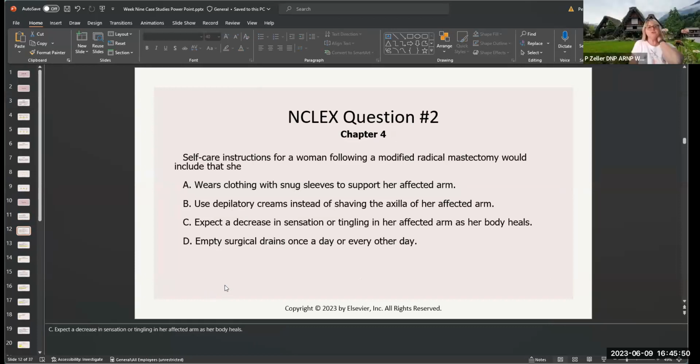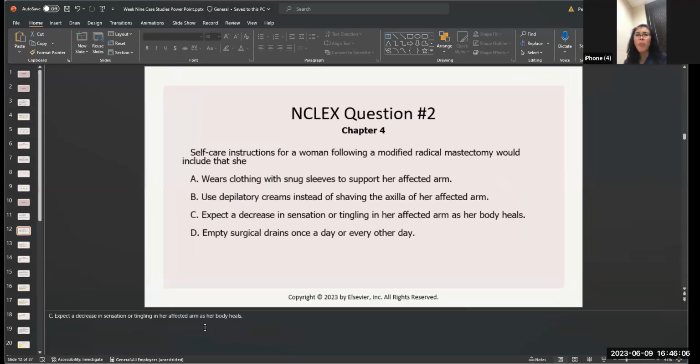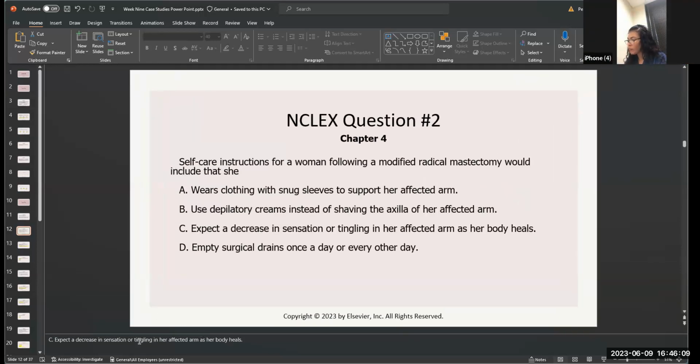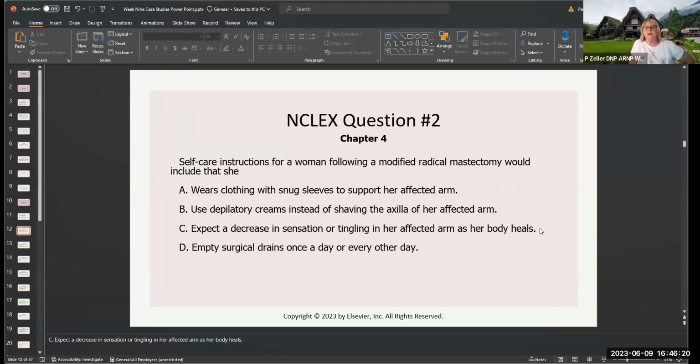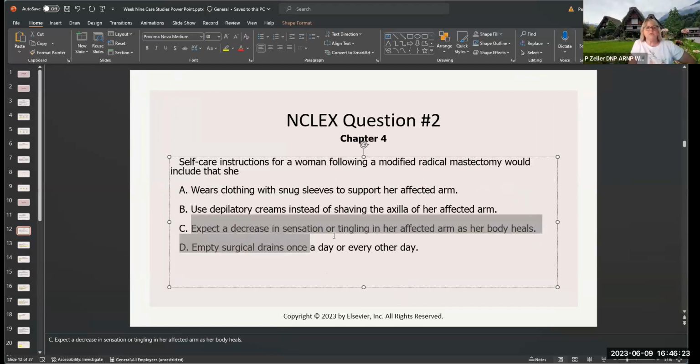Okay. Self-care instructions for a woman following a modified radical mastectomy would include what? Can you see the notes at the bottom? Yeah, this one here. Expect a decrease in the sensation or tingling in her affected arm as her body heals.